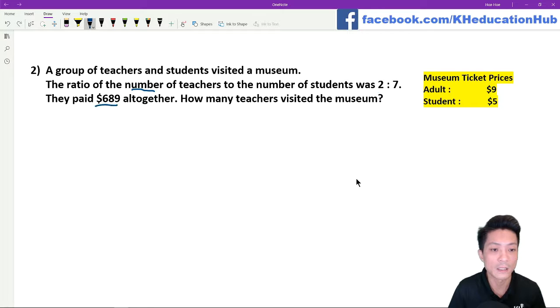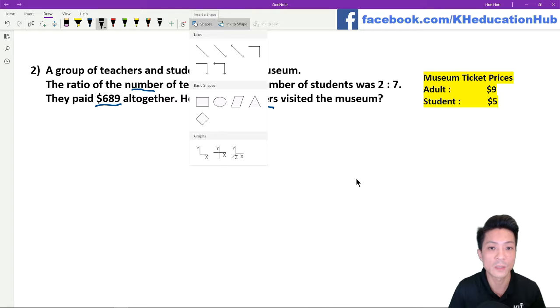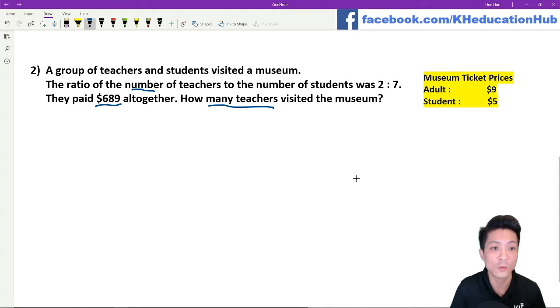They paid $689 altogether. How many teachers visited the museum? So this question over here is the same as the previous one. I'll try to solve it a bit quickly with the model.